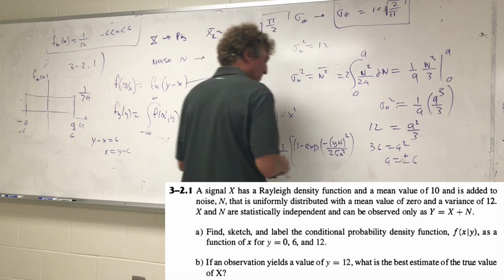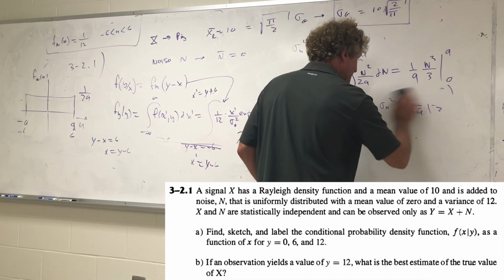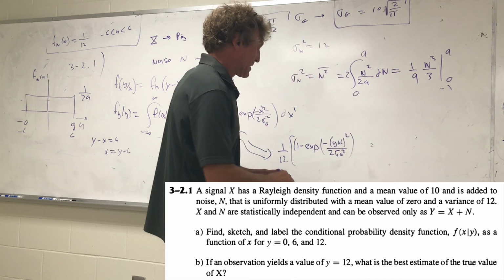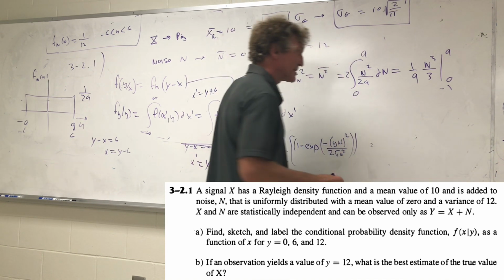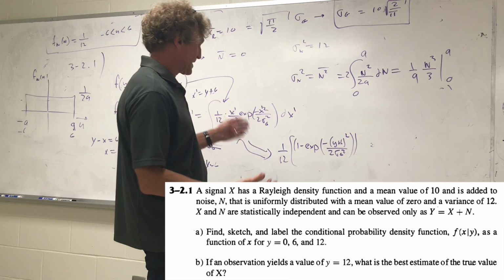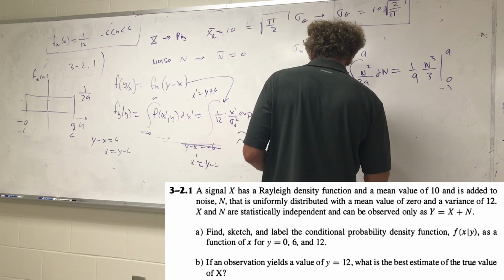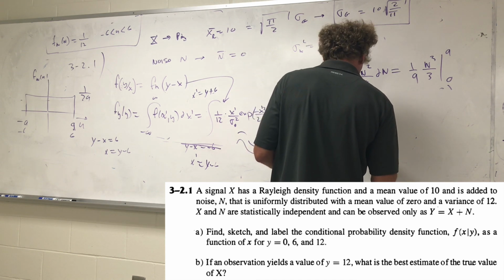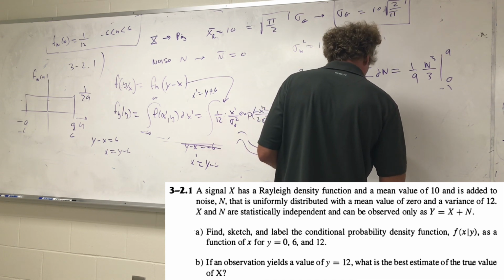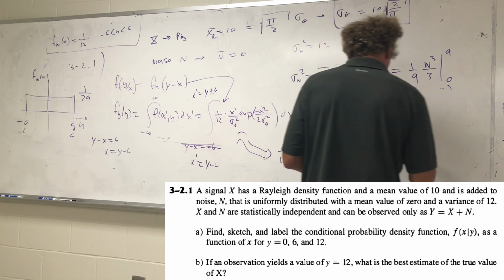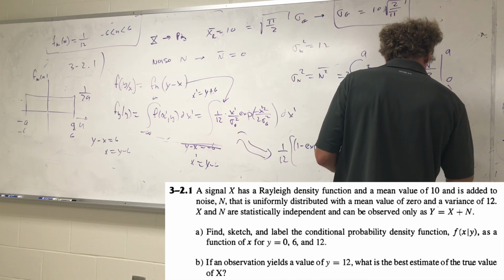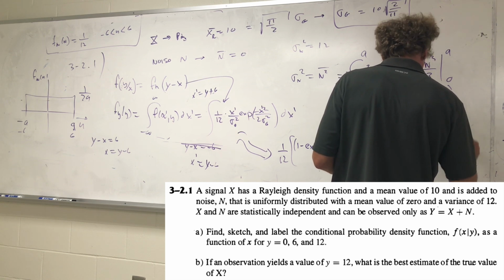That is the Rayleigh distribution function evaluated at the upper bound, and then I'm going to subtract off the Rayleigh distribution function at the lower bound. So it's minus quantity 1 minus exp to the minus (y minus 6) squared over 2 sigma Gaussian squared.